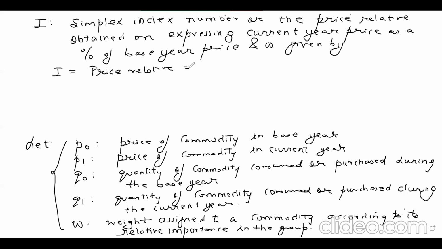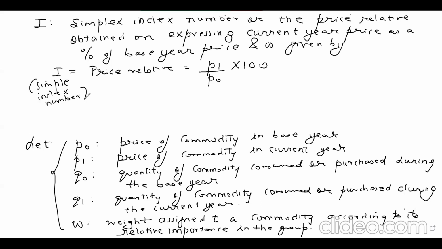Price relative is nothing but the price of the current year divided over the price of the base year, and to convert into percentage, we all know that we multiply by 100. So if I revise again, I denotes a simple index number, also called the price relative, which is just going to capture the relative prices as a percentage of the base year.